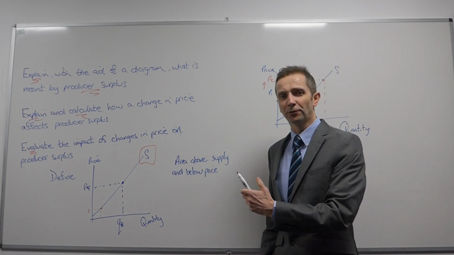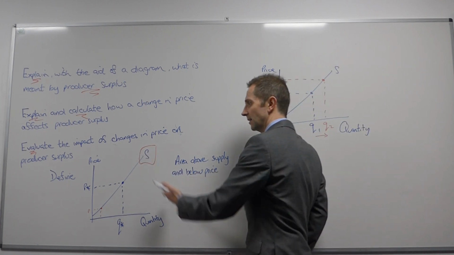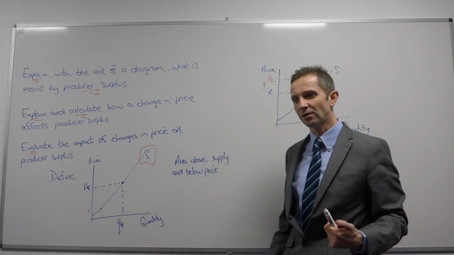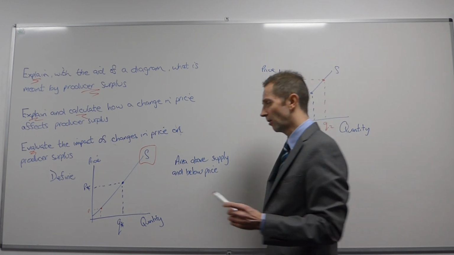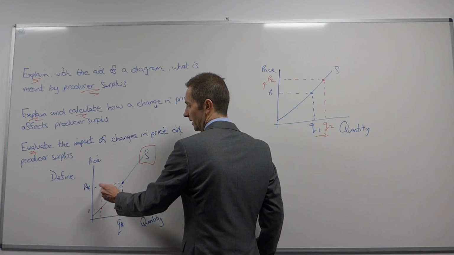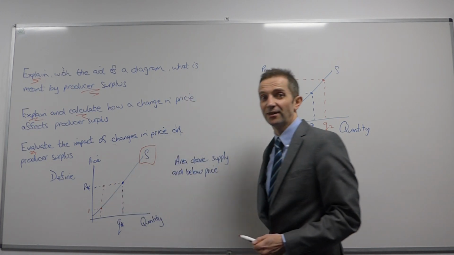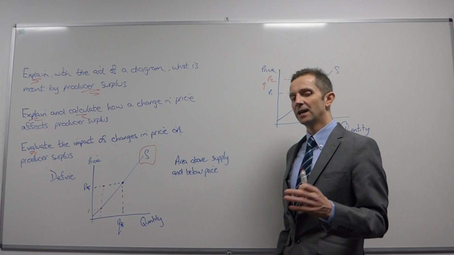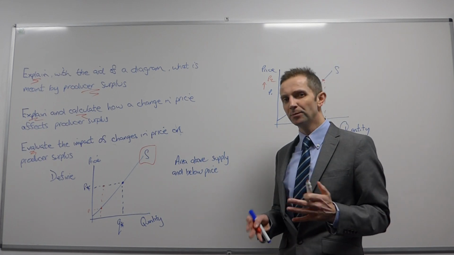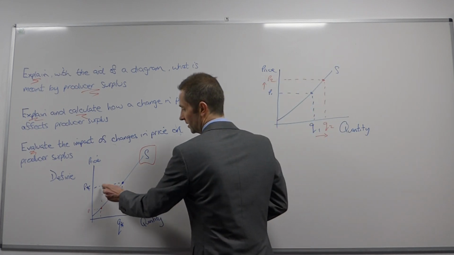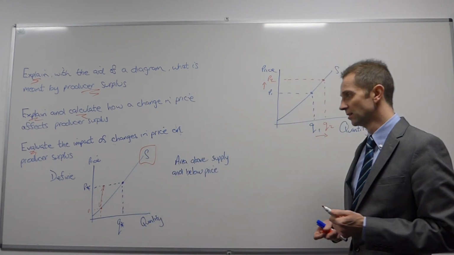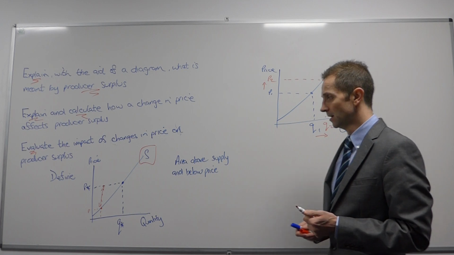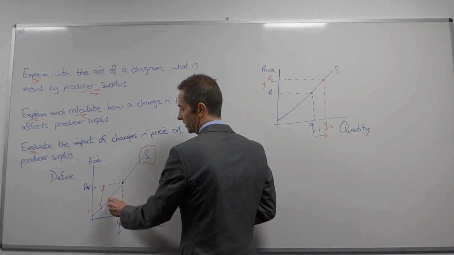However, if you're at the equilibrium point, and we've got a demand curve here and it's P star, Q star, then the supplier is actually receiving P star, but in order to bring that first unit into the marketplace, they would only need to be receiving P. And so, of course, that gap is a surplus payment to the firm. And we can see that the whole way along the supply curve.